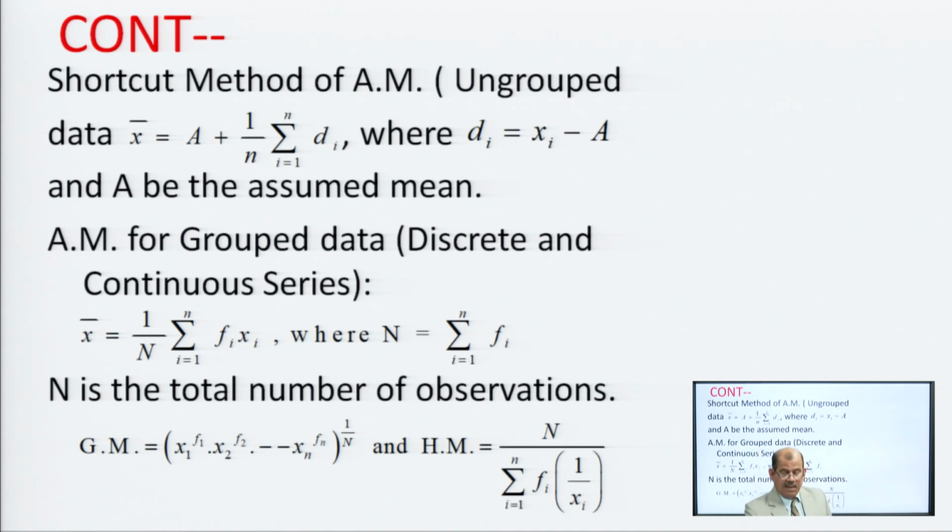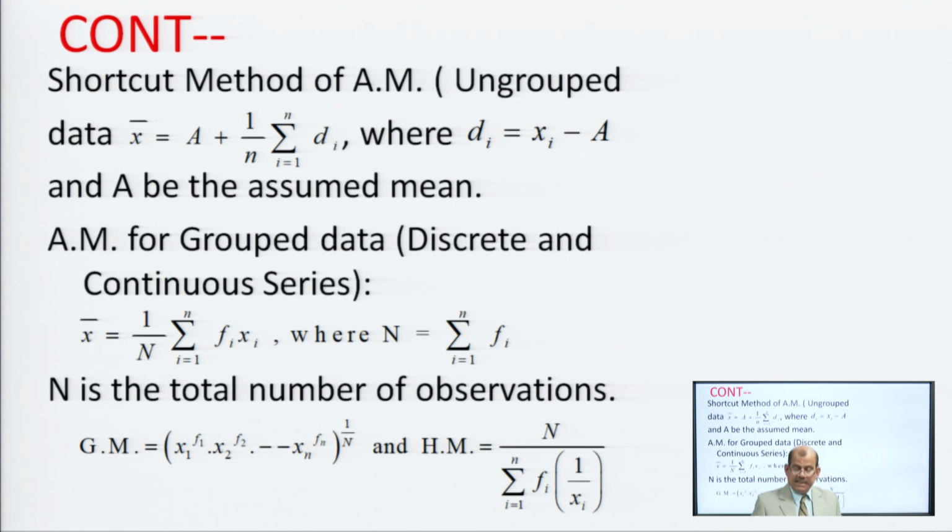Geometric mean, and how to find the geometric mean for grouped data: x1 raised to power f1 into x2 raised to power f2 and so on, xn raised to power fn, total raised to power 1 by capital N, where capital N is the sum of frequency.